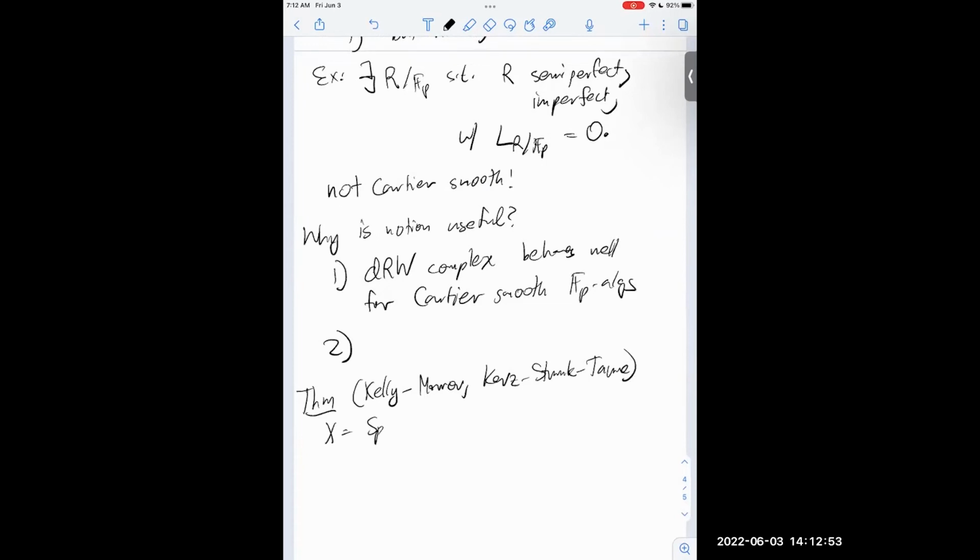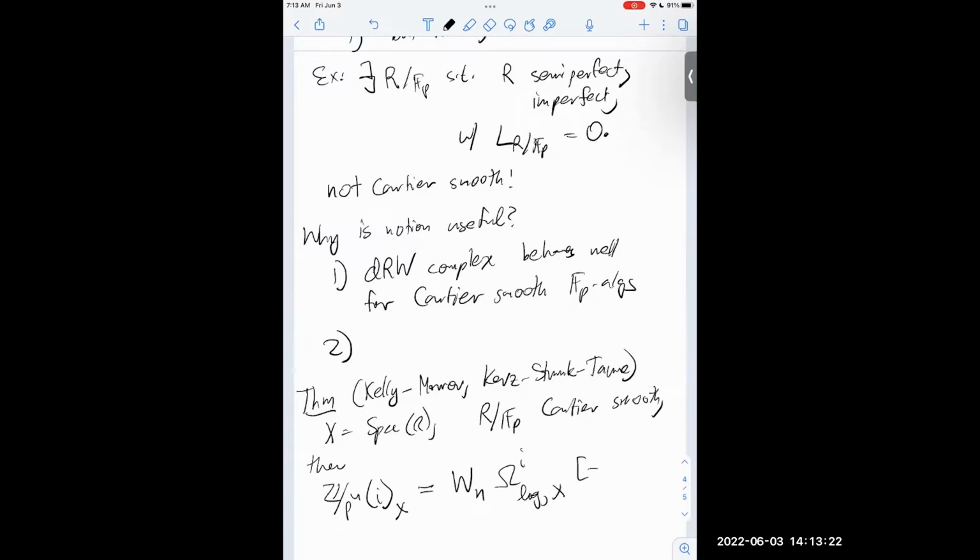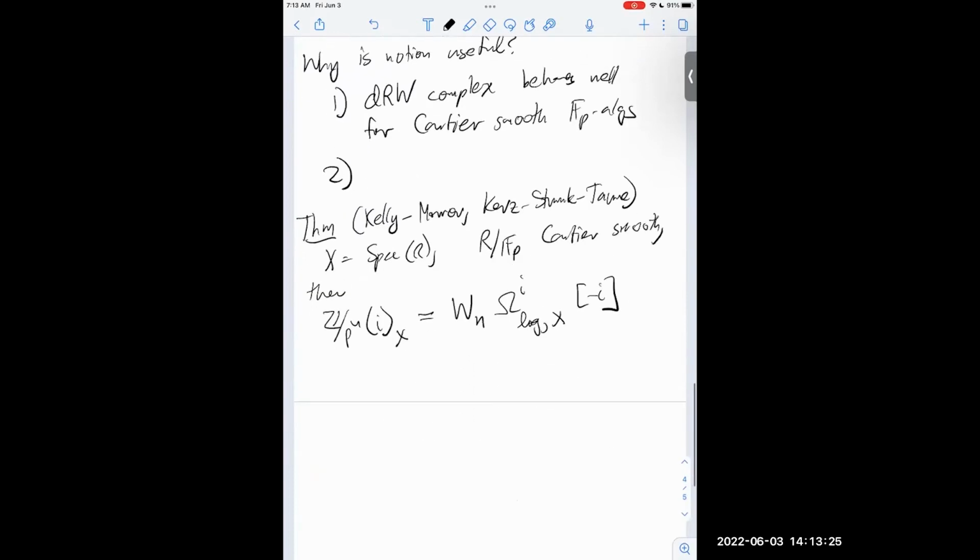If X is Spec R, and R over Fp is Cartier smooth, then the syntomic complex Z mod p to the n twisted by i of X, as in yesterday's lectures, an object of the derived category of étale sheaves on X, is exactly given by W_n Omega^i log of X shifted by minus i. So this is exactly the same formula as if X is smooth, say over a perfect field.